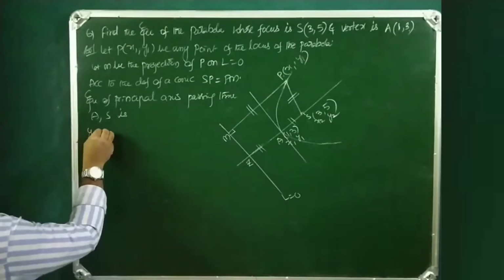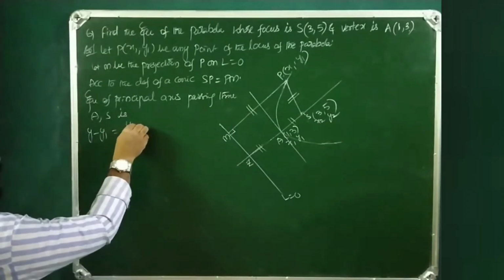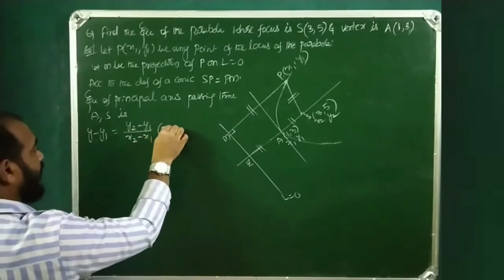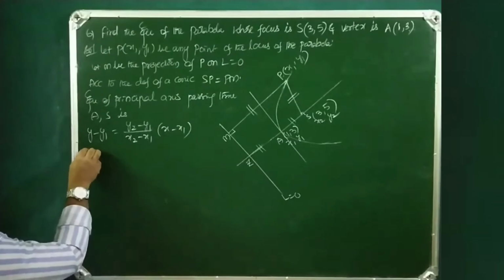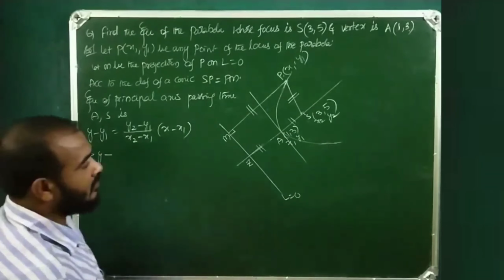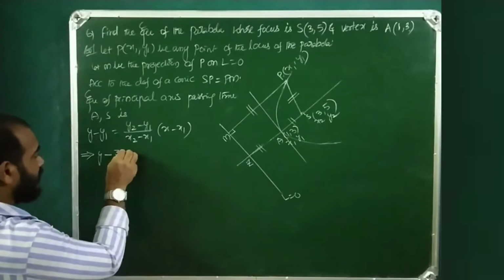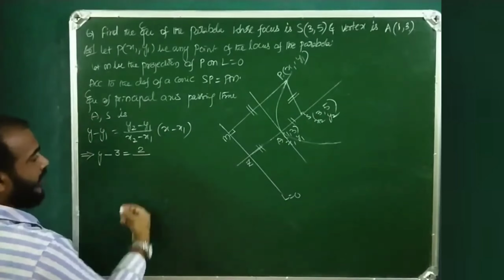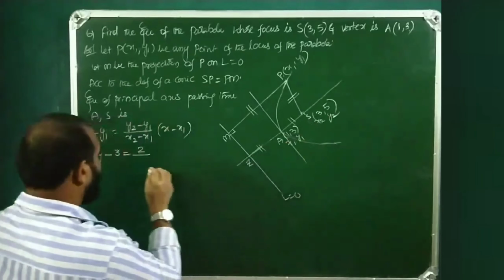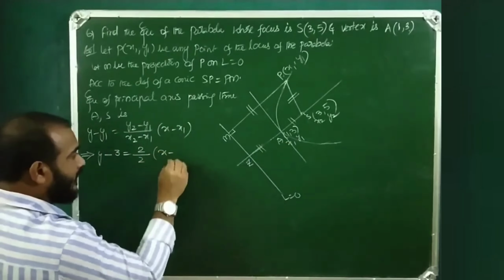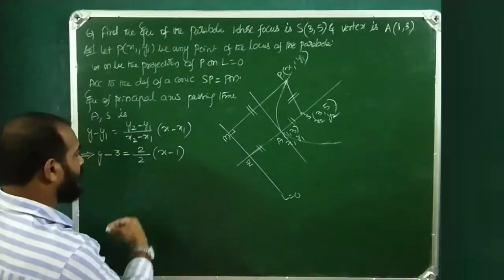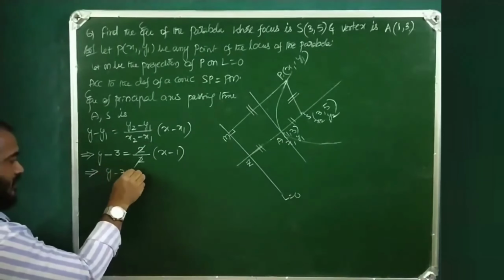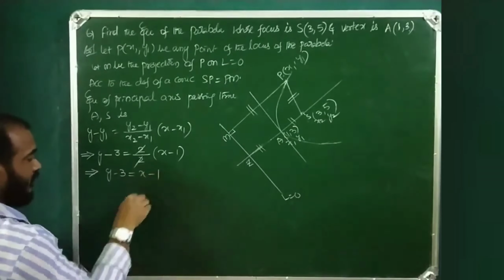So y minus y1 equals (y2 minus y1) by (x2 minus x1) into (x minus x1). This implies y minus y1 equals (5 minus 3 is 2) by (3 minus 1 is 2) into (x minus 1). 2 gets cancelled. y minus 3 equals x minus 1.